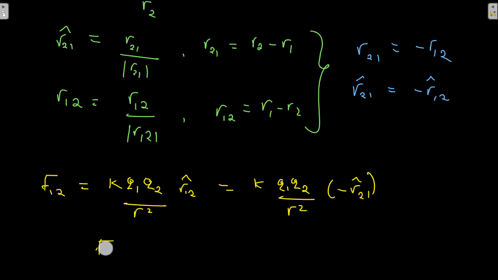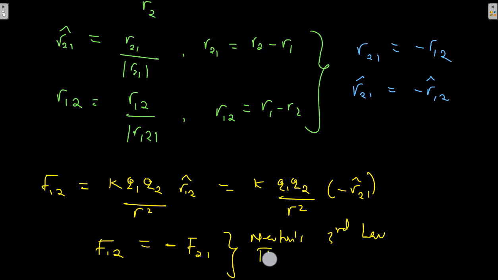That means F12 is the same as negative F21. So this shows that electrostatic force obeys Newton's third law, because the forces are equal and opposite. Okay, very important. Next, let us explore the concept of absolute permittivity and relative permittivity.